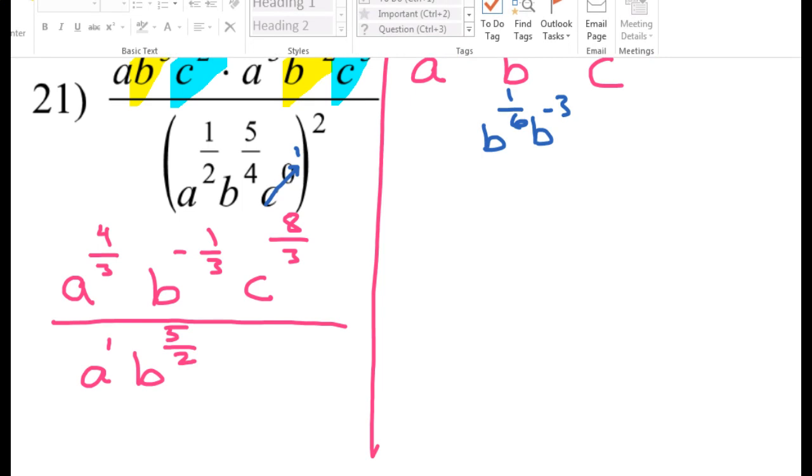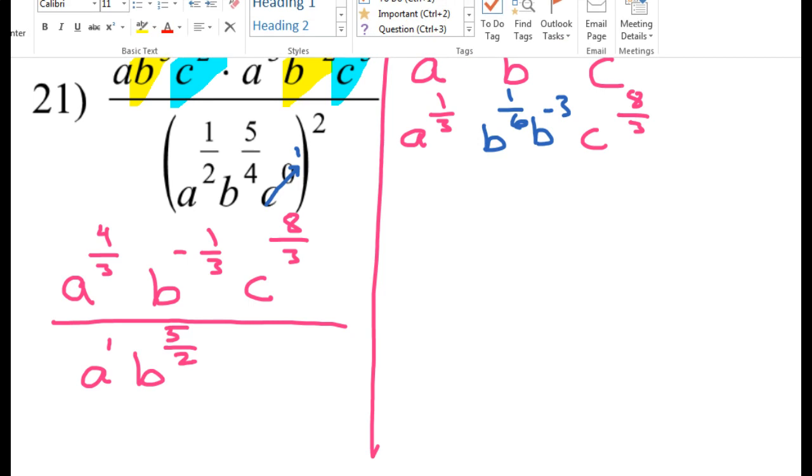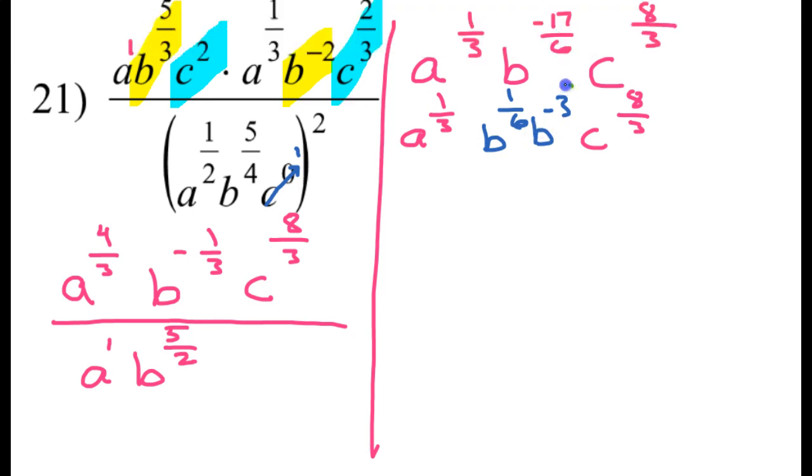Watch how we fixed it. So first of all, I'll go ahead and bring down the a to the 1/3 power again, and I'll bring down the c to the 8 over 3 power. So now this fractional exponent is positive, so it will not drop down to the denominator. The only thing that's going to drop down to the denominator is this, but that's okay because it is not a fraction.